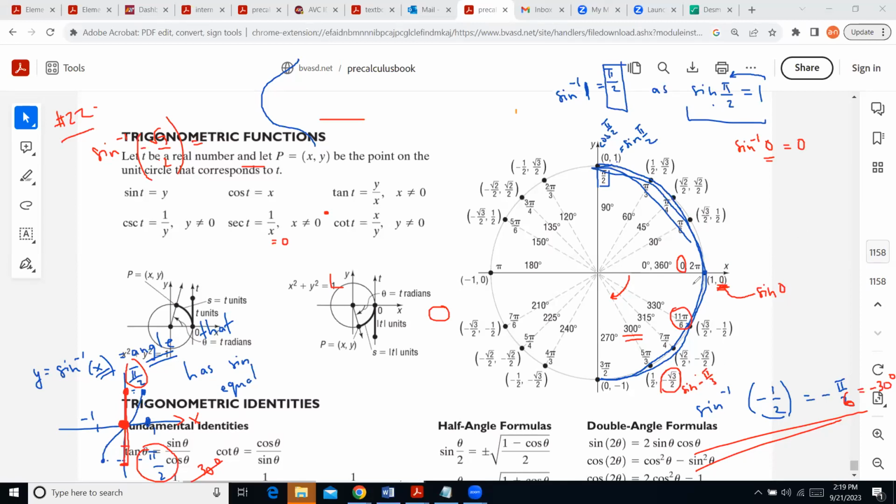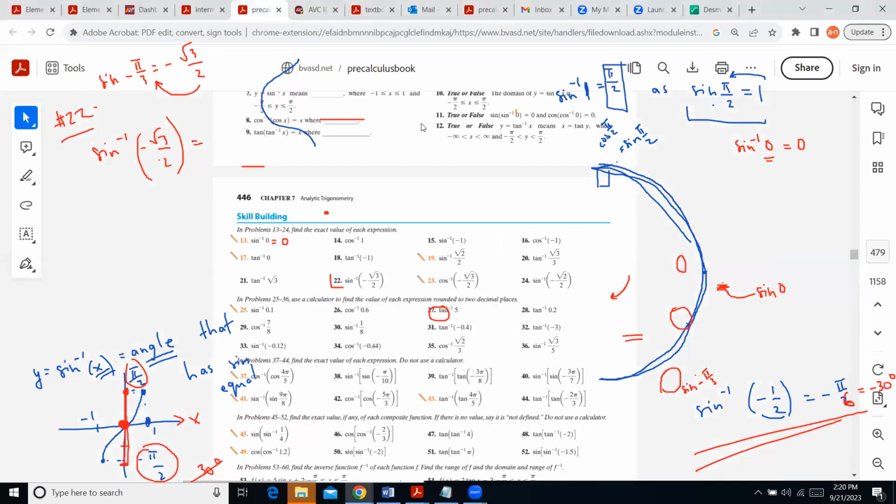So I can maybe write it down. Up here, sine of negative pi over 3 is negative square root 3 over 2. So arc sine is going to return us back to negative pi over 3. That's how one can think about this. So the answer will be negative pi over 3.